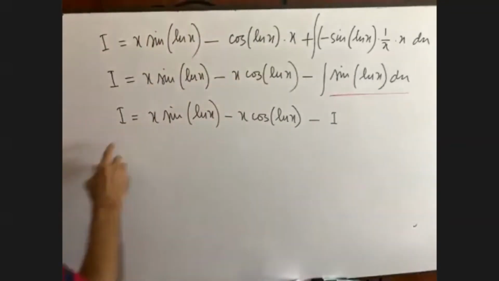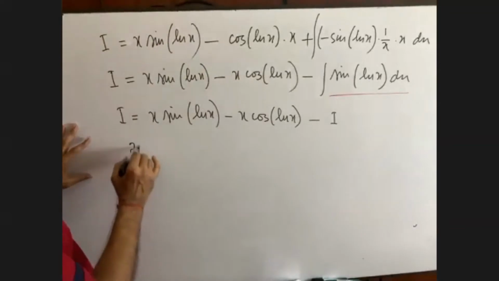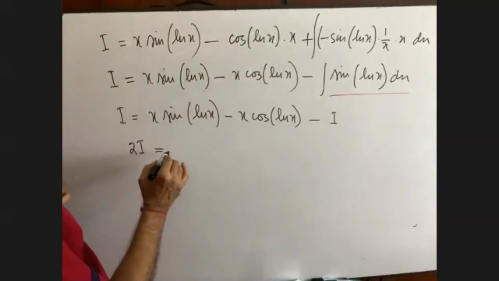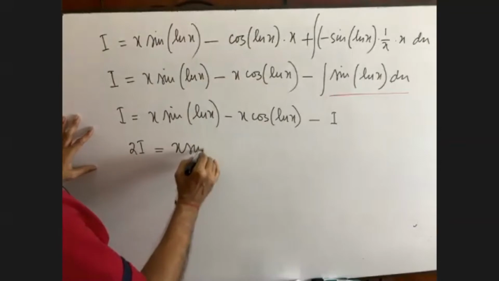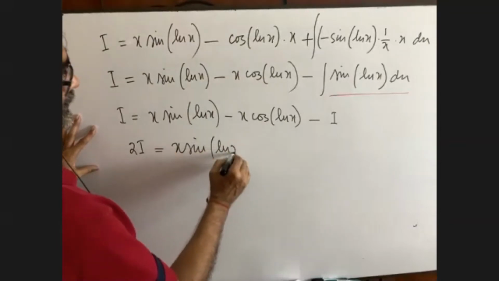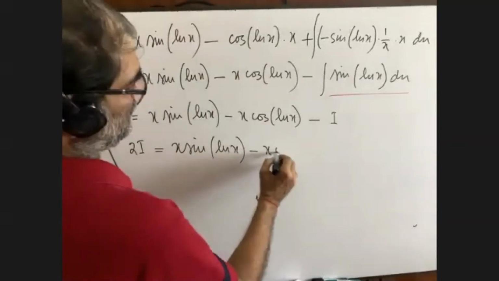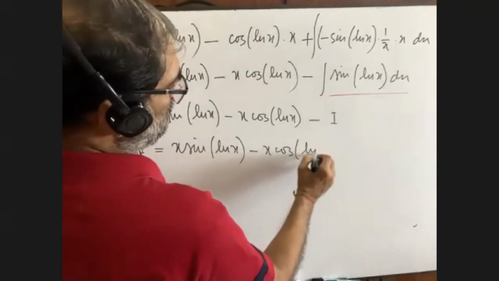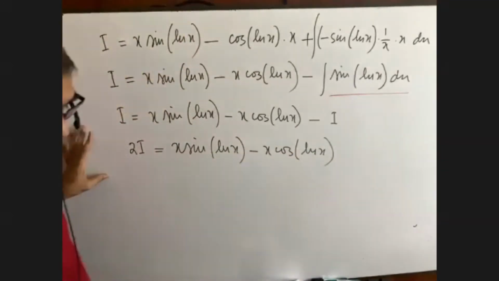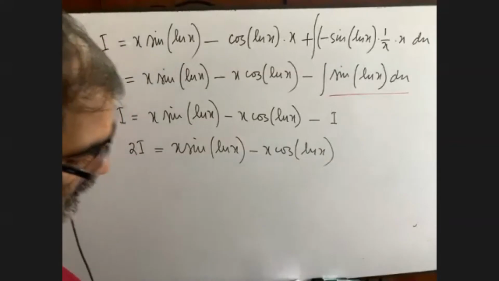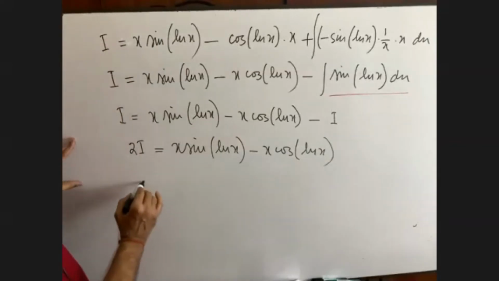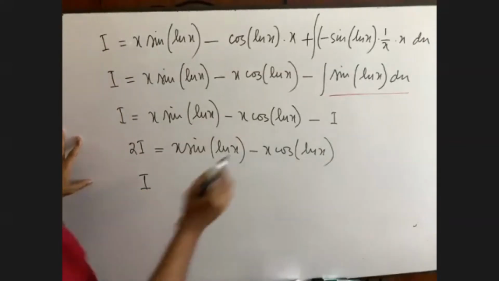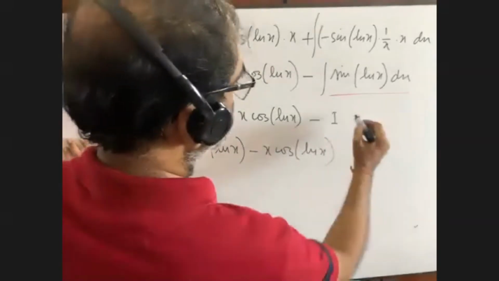Now you see what we are getting here. Minus I, here it is I. So it will be 2I. 2I is equal to x sine ln x minus x cosine ln x. Is it? Okay. So I is equal to, oh, here we have to give plus c.